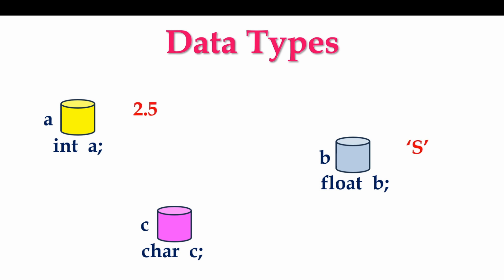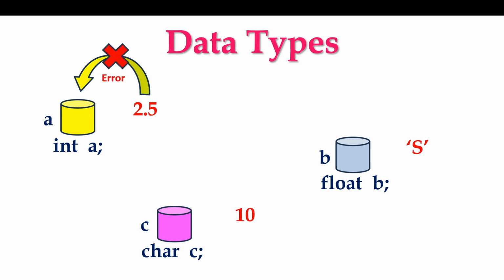Okay, let us see. If I want to store the value 2.5 in the container A, is it possible? No, because A is of int type and you are going to store a 2 point value, that is fraction or float type of value, which is not possible.